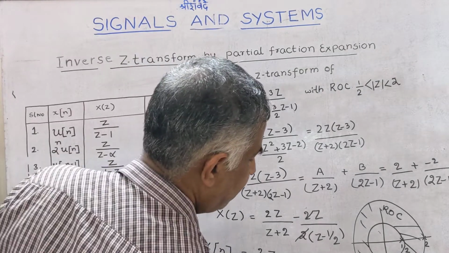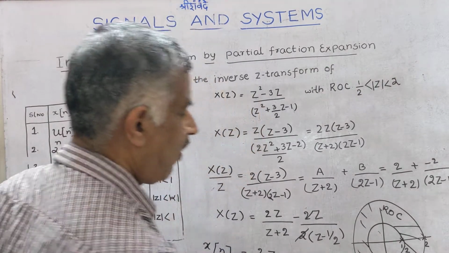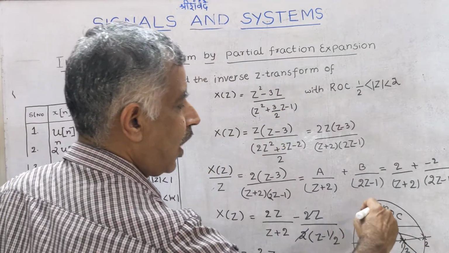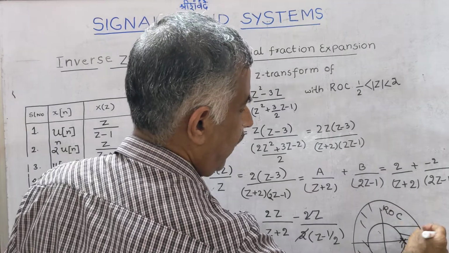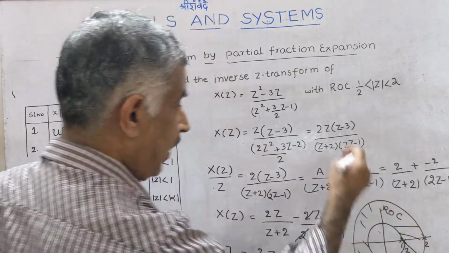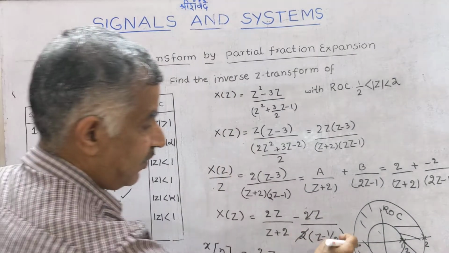now the pole here is Z equal to half. So half is here, and the ROC is outside this pole radius. Therefore, we have to write a right-sided sequence for this.